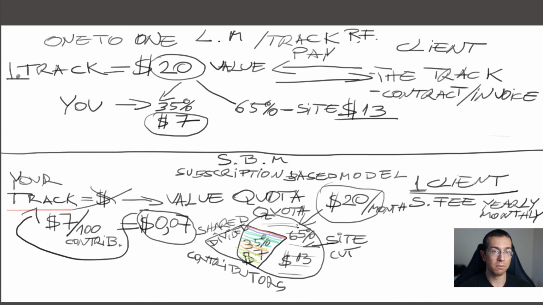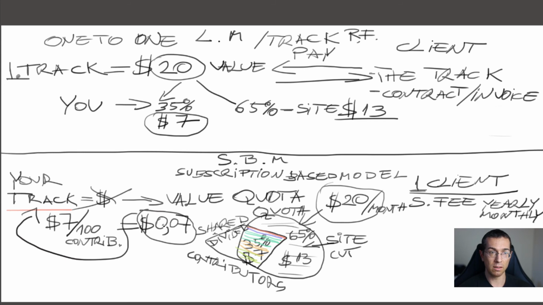And I said there's a really high probability, and to keep it simple to calculate, this client probably will not find tracks only in your portfolio, but will take from 100 contributors. So that means this remaining 35%, the $7, is divided among 100 contributors.